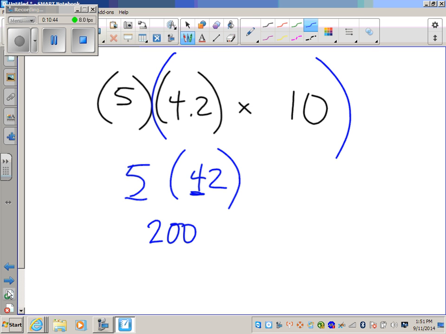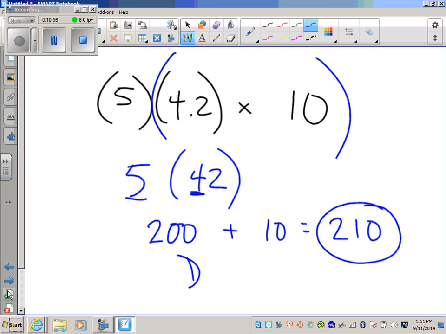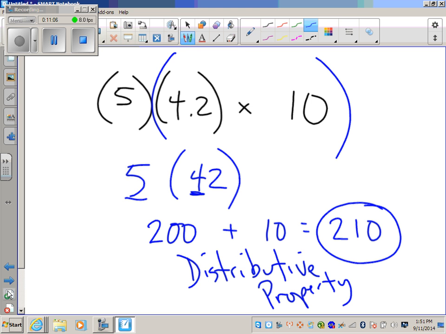Five times 2. Okay. We just used the distributive property. So we take a look at what we have and what's going to make it a little bit easier.